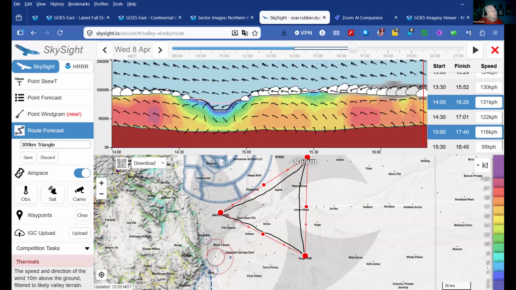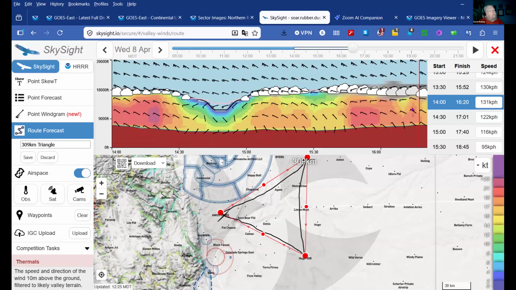Now it's showing me the flight. Here's 1400, 2 o'clock, and over here is roughly 1620, so 420. And it's showing me the conditions that I might expect to encounter while I'm making this flight.